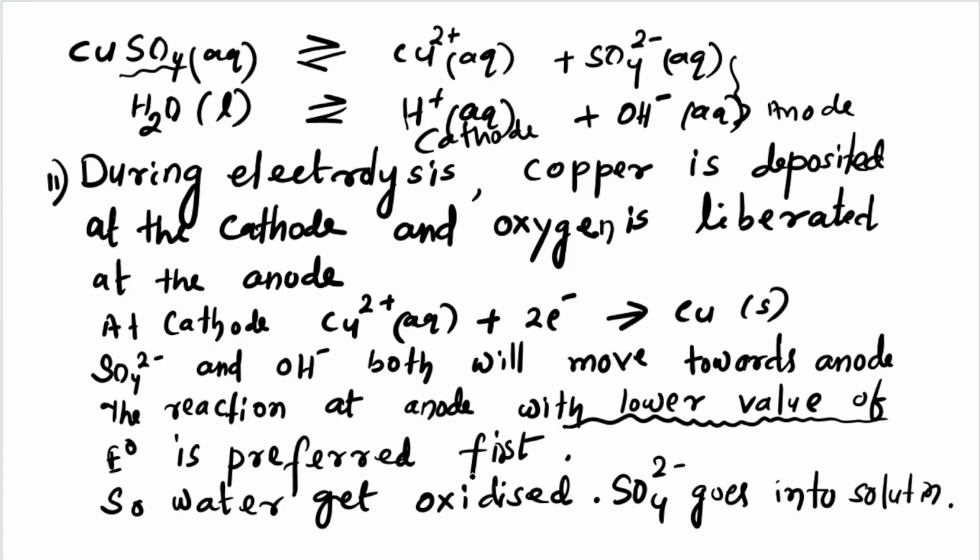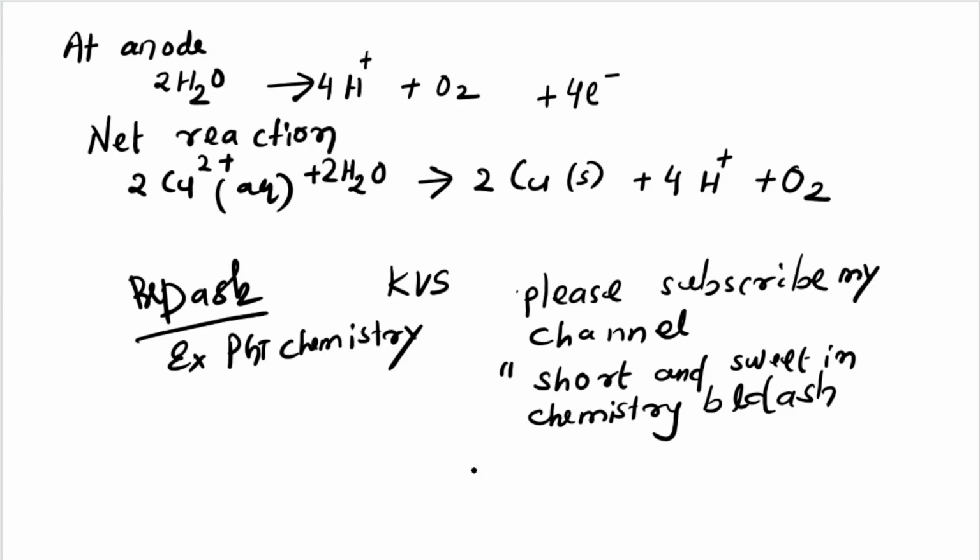So water gets oxidized and SO4 2- stays in solution. At the anode, 2 H2O gives 4H+ and O2 plus 4e-, so oxygen is liberated at the anode. The net reaction: 2Cu2+ (aq) + 2H2O gives 2Cu (s) + 4H+ + O2.